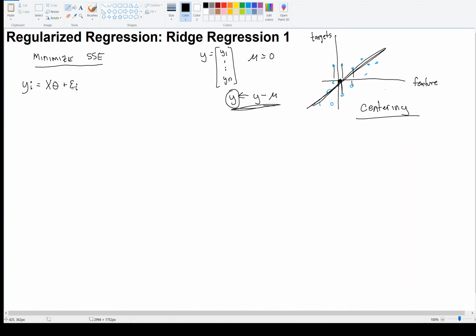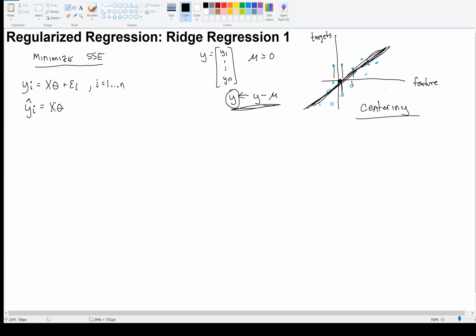So this is the inaccuracies of our data, and this holds for i equals 1 to n. Our predictions, y hat, are just x times theta. We have no error there because we're fitting exactly a line. Our predictions are exactly a line.